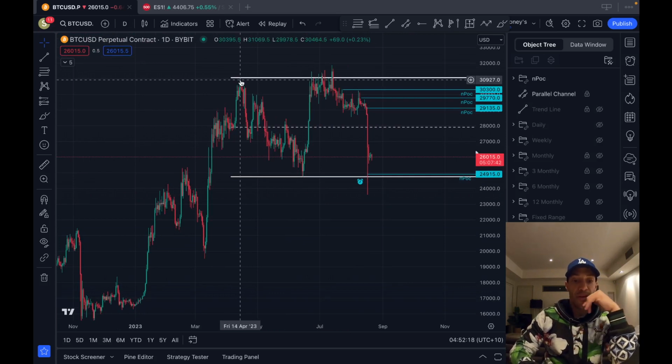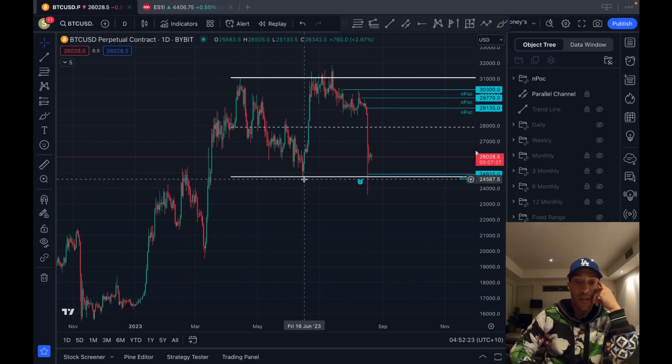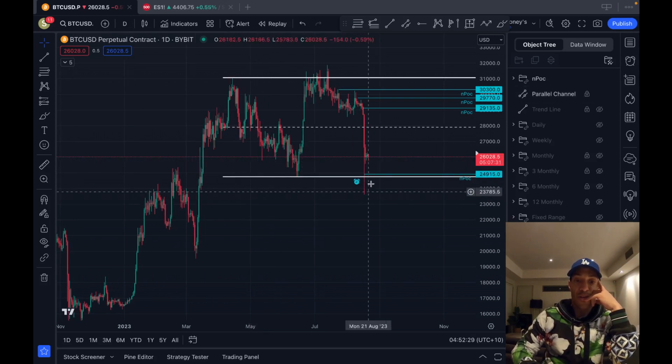from the high put in on the 14th of April, and then the lows put in around the 16th of June. We can form this horizontal channel, and you can see it's been well respected.